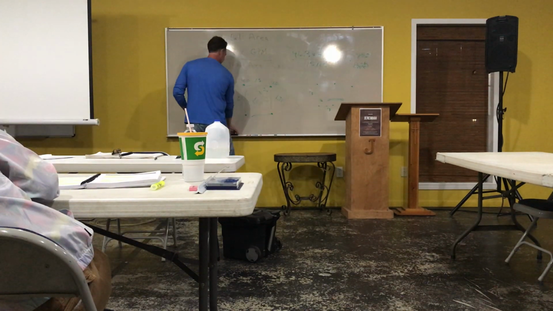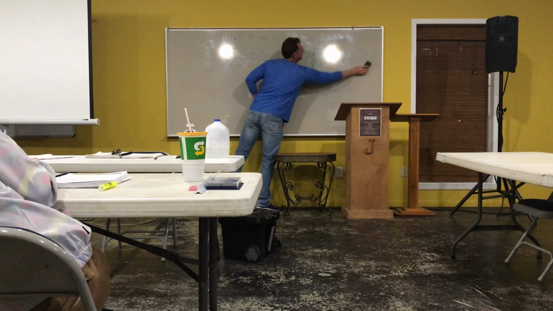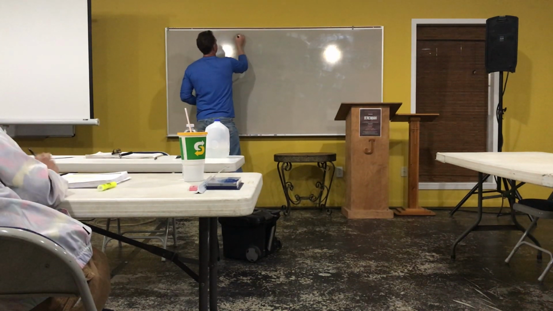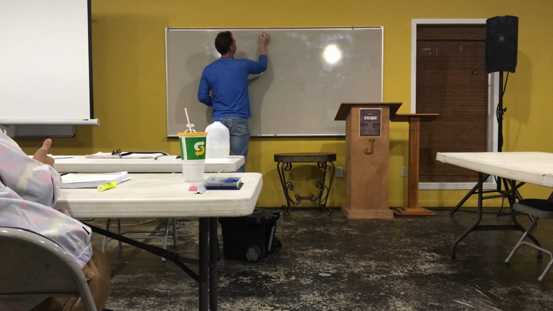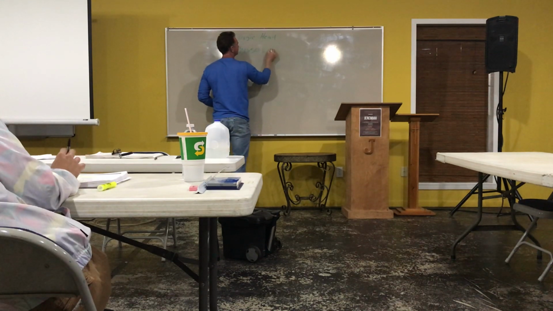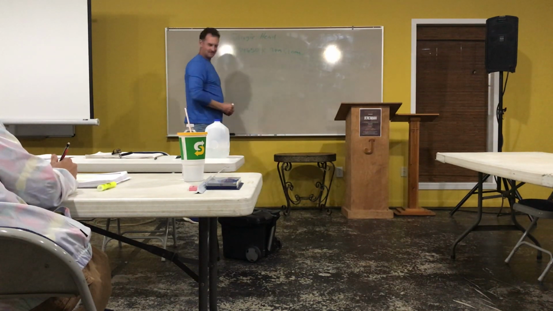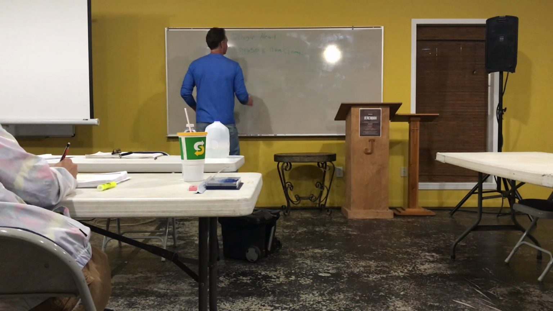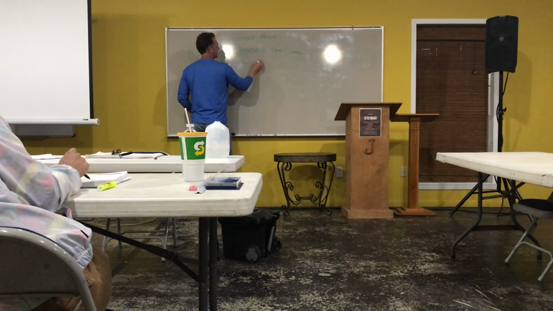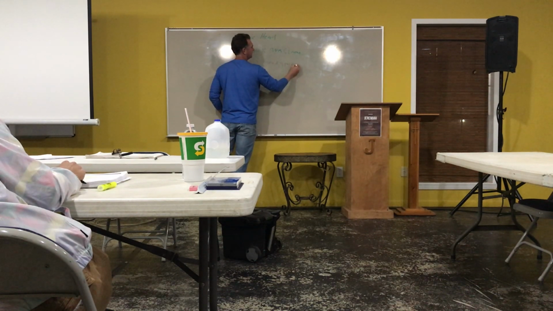Single head method is 34,650 times the GPM of one head, divided by the arc of the head times head spacing times row spacing.